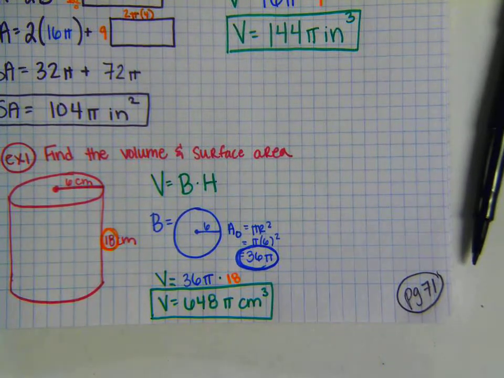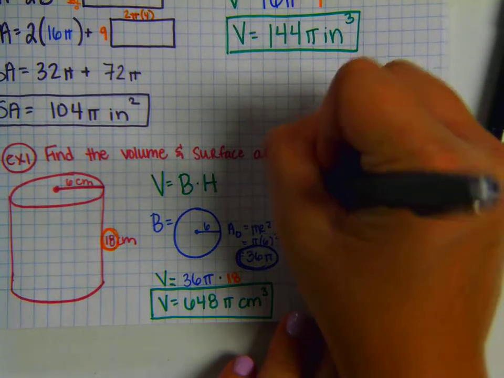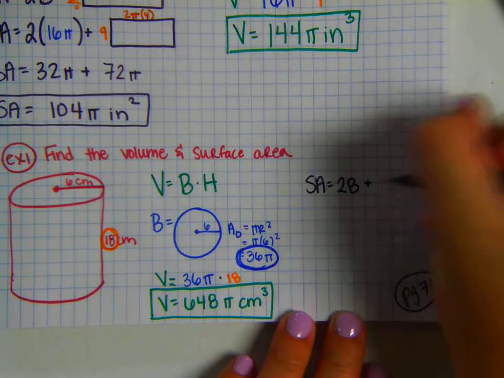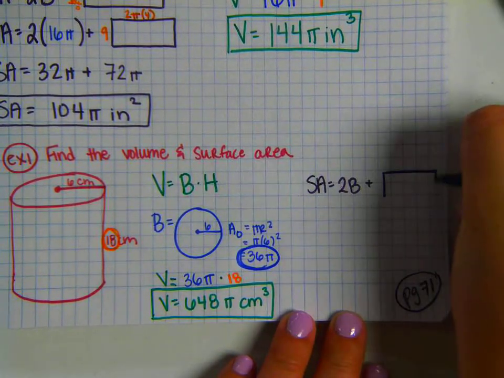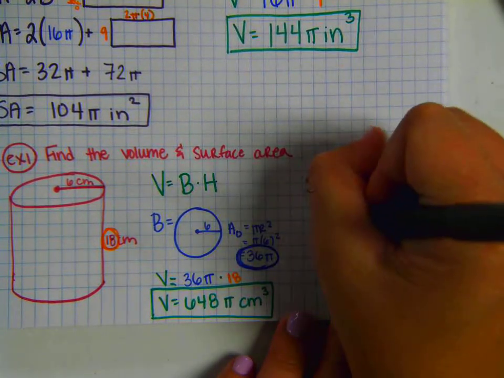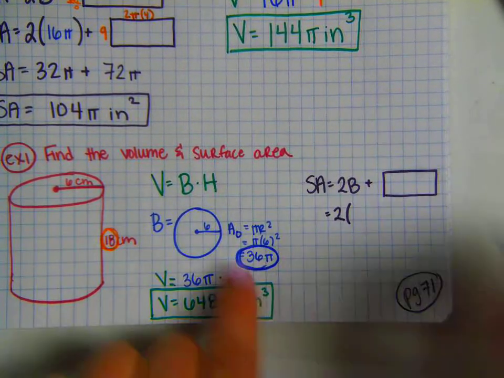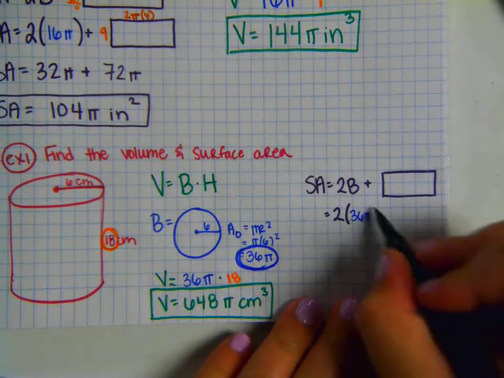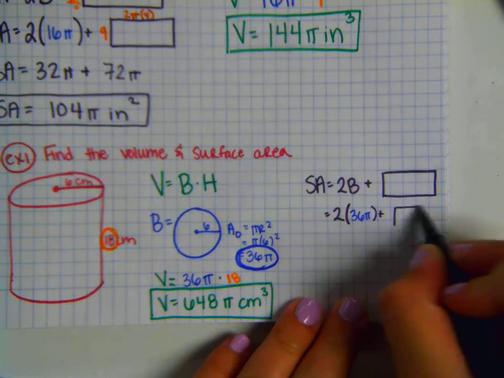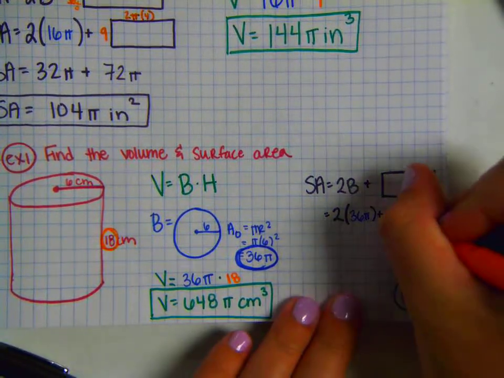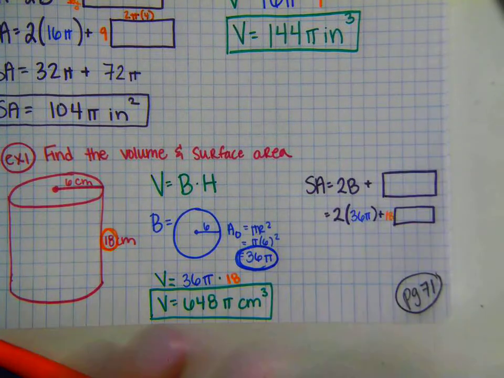Then surface area is going to be 2 big B plus our rectangle. So that will be 2 times my 36 pi plus my height of the rectangle is 18, and then this is going to be 2 pi r.